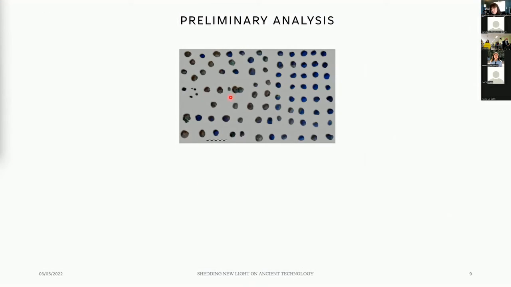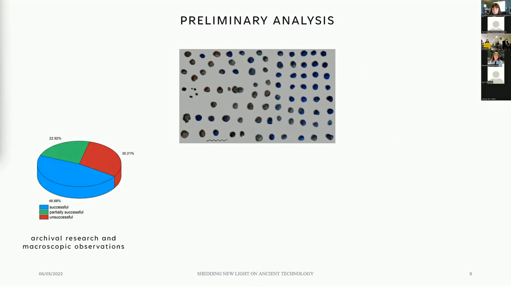As you can see in this photo, the Egyptian blue pellets that were found at the workshop vary in terms of color from saturated blue to green, gray, and even purple. The study of the Egyptian blue pellets began with a macroscopic observation of the finds at the storerooms of the Ephorate, and they were divided into 3 groups based on the surface color of the finds.